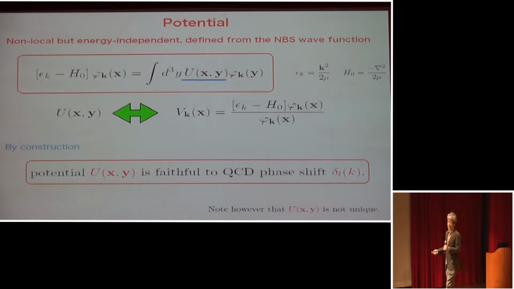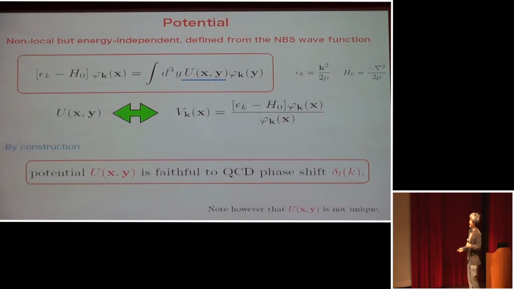The important point is that this non-local potential, even though it's non-local, does not depend on k of the wave function. If we define a local potential in this equation, this local potential may depend on k, like this. However, we convert this information into the non-locality of U(x,y) and define U independently of k.